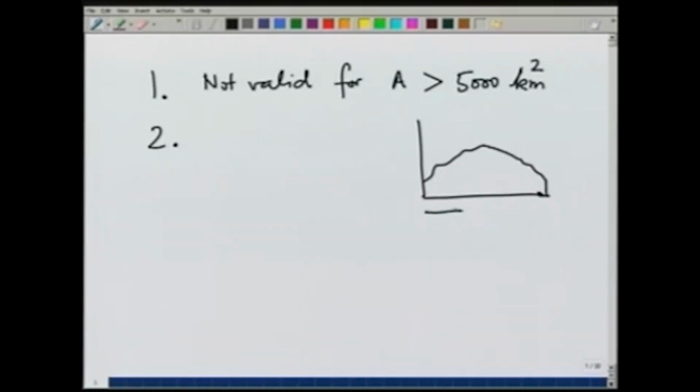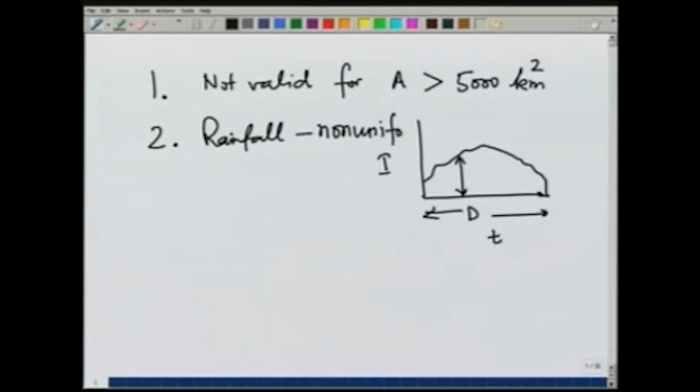So, even though we have some storm of, let us say, d hour duration, the intensity will not be a constant, and typically we may not be able to assume it to be a constant for certain duration. In that case also the unit hydrograph approach will not work very well. So, the rainfall is non-uniform, and also it cannot be approximated by a uniform distribution. In that case we cannot apply the unit hydrograph approach.